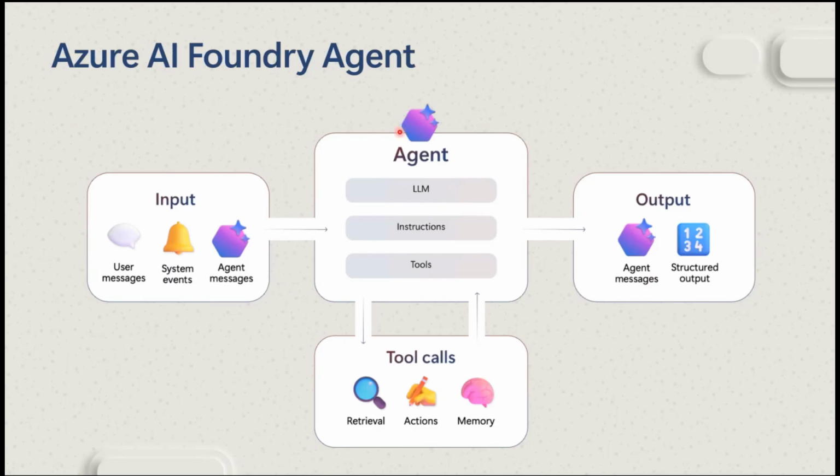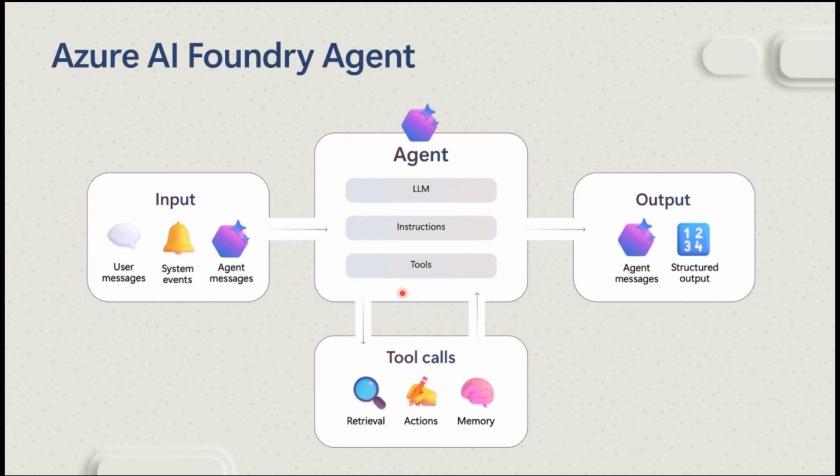And then from there, each agent will have its own large language model, which will power the reasoning and its language understanding. It will be given a set of instructions. I'm going to be demonstrating what these are, but in general, these instructions define the agent's goals, behavior, and constraints. And we're going to be giving it a set of tools, which I'm going to be discussing in the next slide.